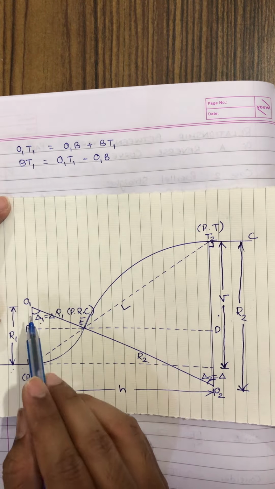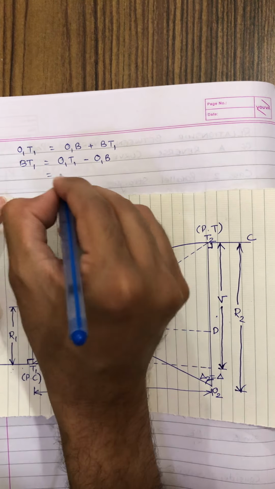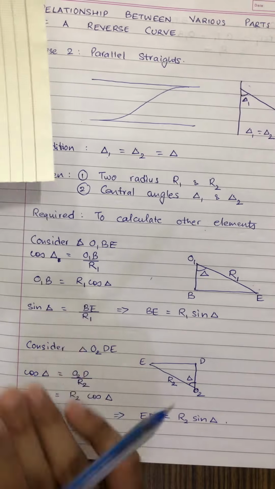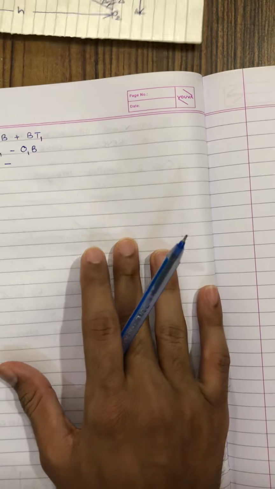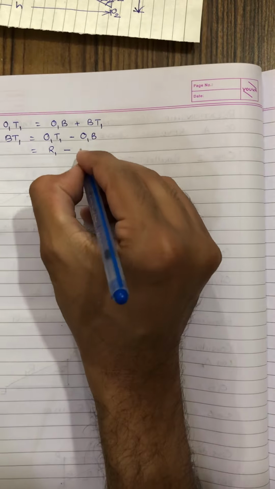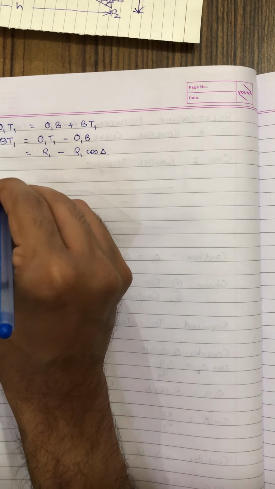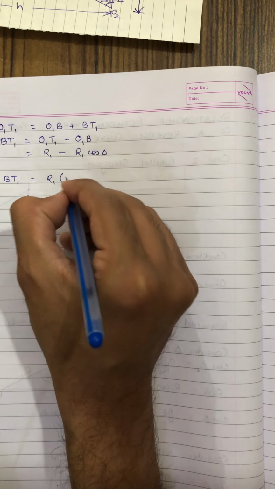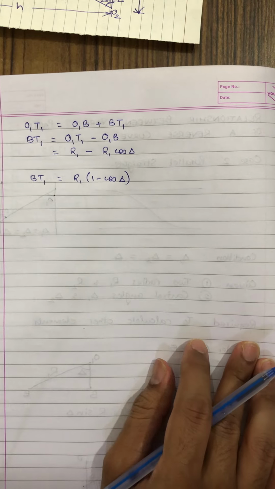But here O1T1 is R1. So this is R1 minus this O1B. We found out the value for O1B. O1B was equal to R1 cos delta. So substituting this value over here, we get BT1 as R1 into 1 minus cos delta.